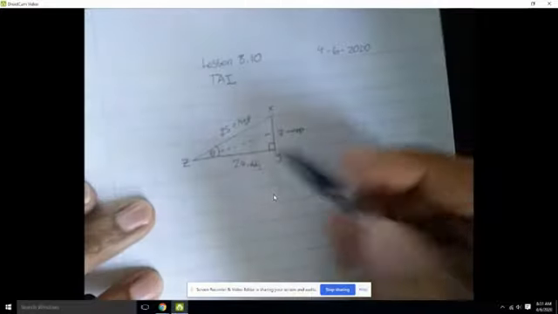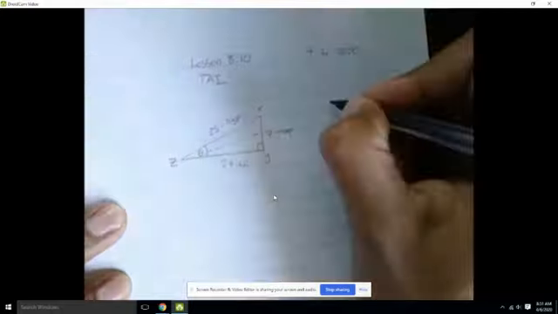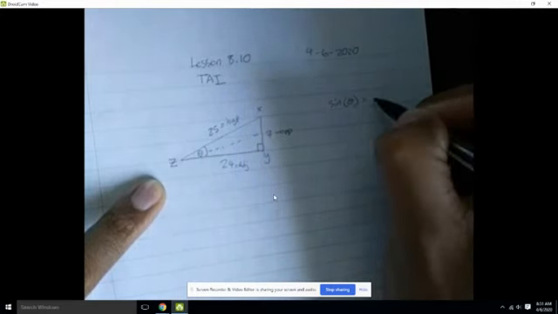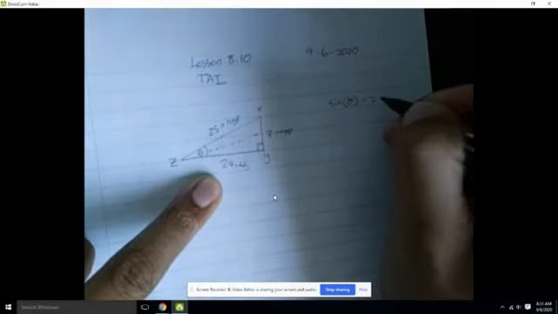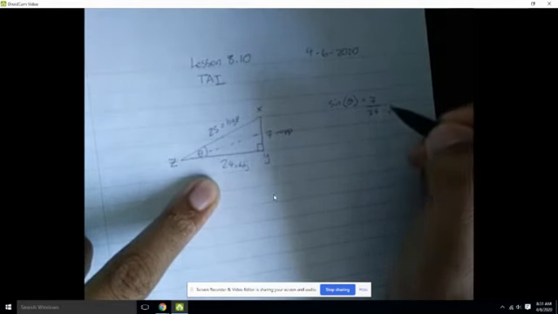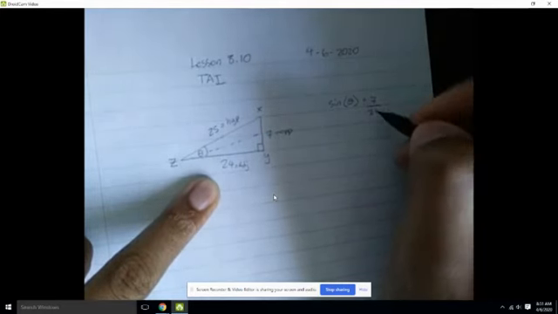We can use the sine method, which would be sine of theta, opposite over hypotenuse, which is 7 over 25. This is one way we could find it.